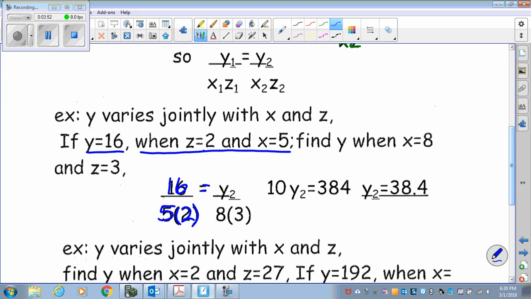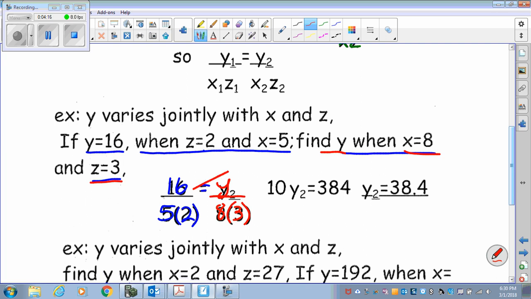And then these three go together on the other side. I'll find y, so that was my unknown, so that stays like that. But I do know x and z were 8 and 3, so they go on the bottom being multiplied together.